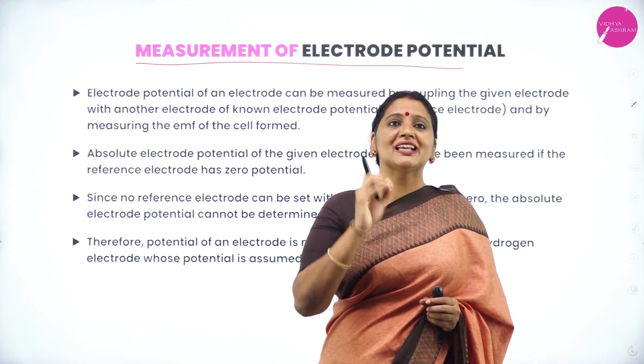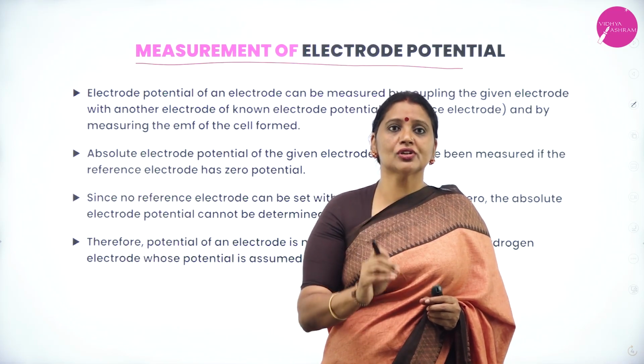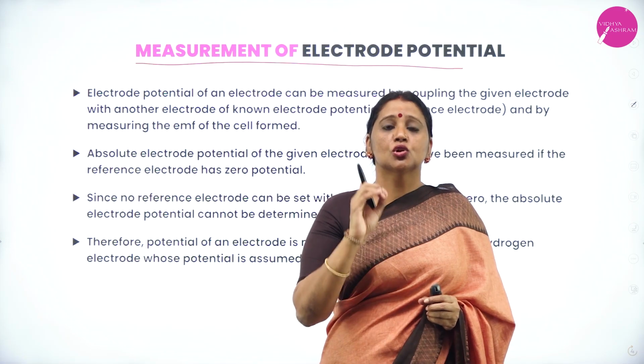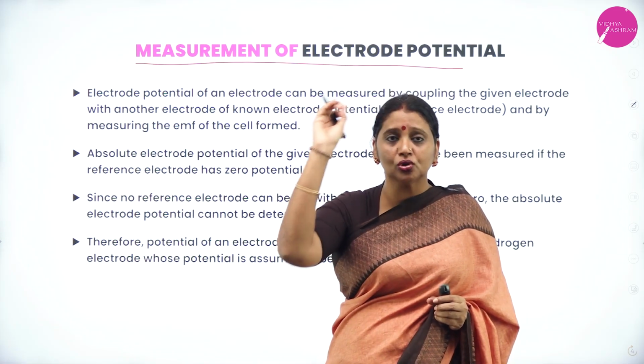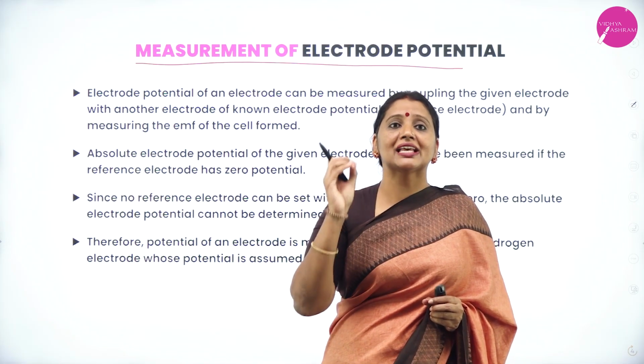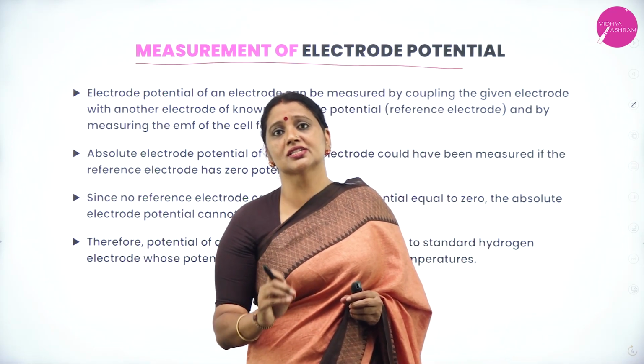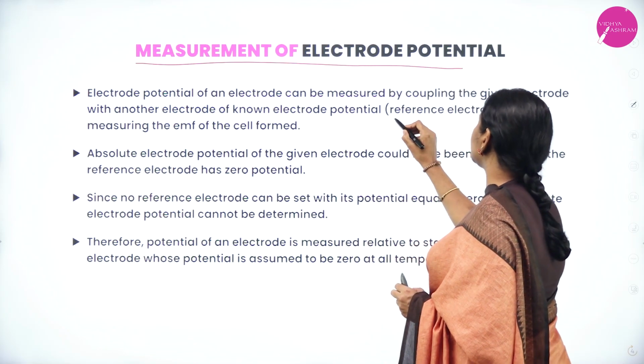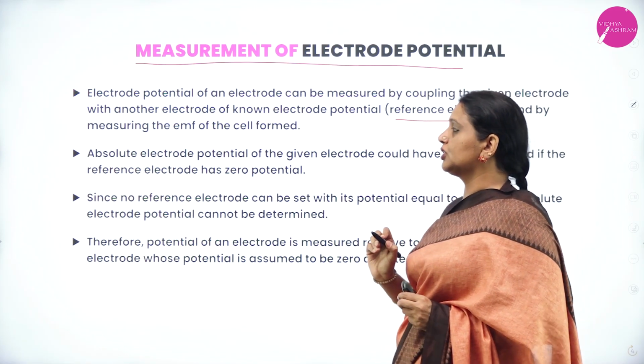It is denoted by E. If you want to calculate or measure electrode potential of an electrode, you have to connect that electrode to another electrode whose electrode potential is known to us. The electrode whose electrode potential is known to us is called as reference electrode.